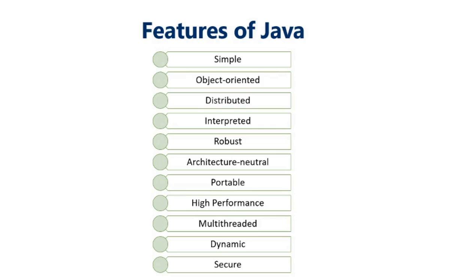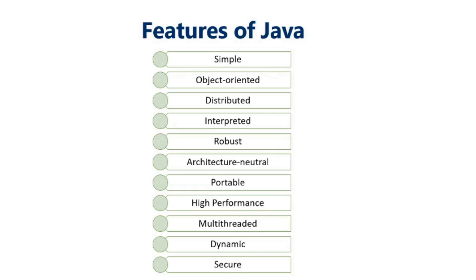Hence, Java is a robust programming language. Also in Java, there is support for automatic garbage collection which manages memory automatically. You don't have to explicitly reclaim the memory of objects which are not used for a longer duration. So due to that also Java became a robust language. Java is architecture neutral.